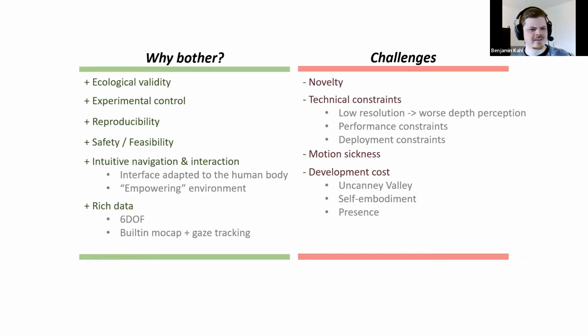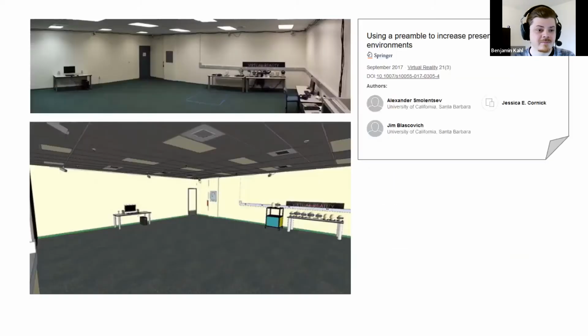So one thing that helps with this, according to this study here, is to use so-called preambles. A preamble is that before the experiment even starts, you place the participant into a virtual recreation of the room that they are actually in. This provides a smooth transition from the real world into the virtual world, and it supposedly helps with presence.